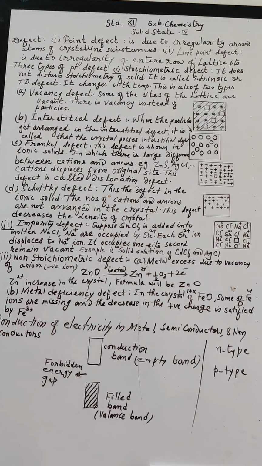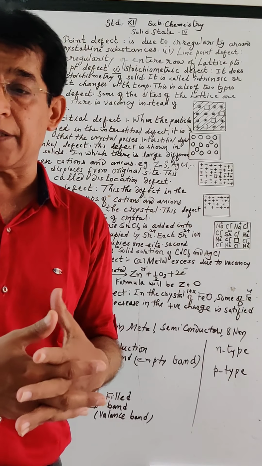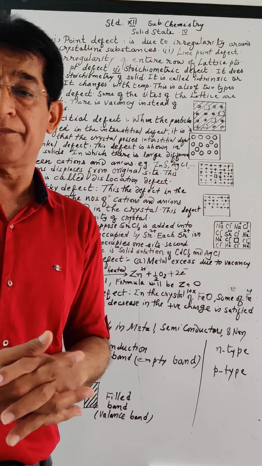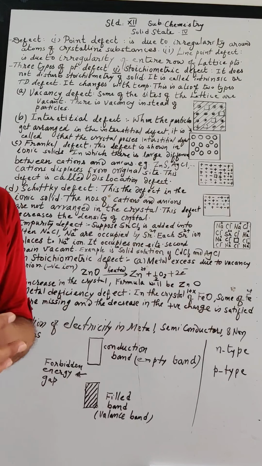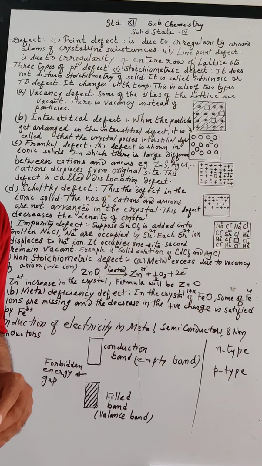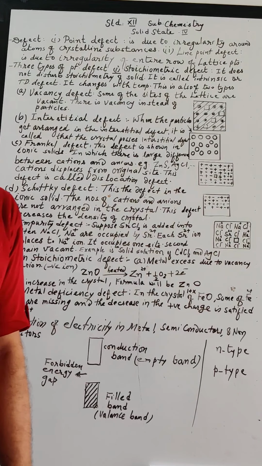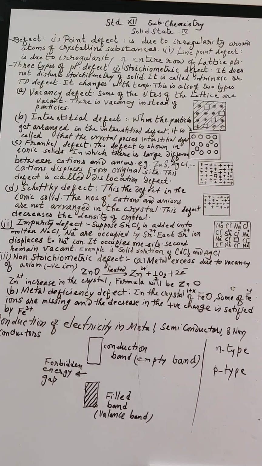N-type semiconductors. Silicon and germanium are doped with group 15 elements, and the semiconductor obtained is called a semiconductor of negative type, or N-type. Next, P-type semiconductor.